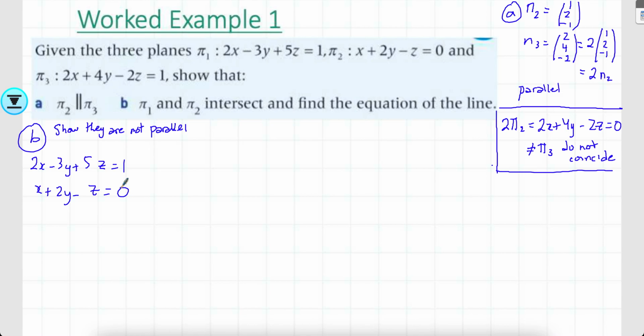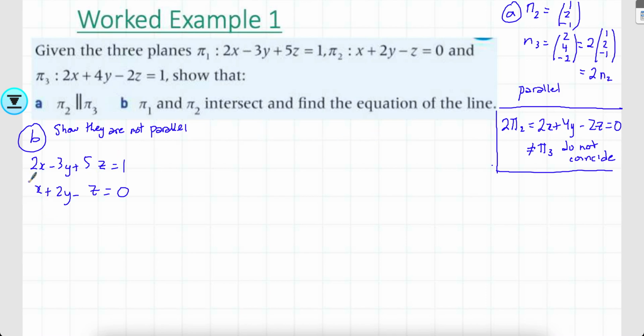Now this is arbitrary. You can represent the letters in terms of y, you can represent the letters in terms of x. You will get slightly different looking equations, but they all represent the same equation of a line, the intersection.